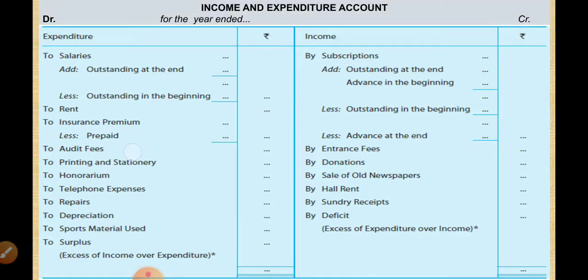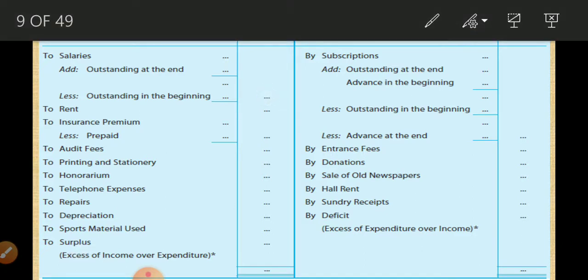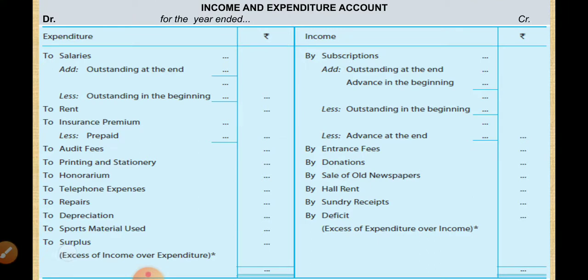Now you have to total. If the income side is more, write the income side's total on both the sides, and you have surplus. That is the balancing figure. Total of the income minus total of the expenditure will give you surplus, excess of income over expenditure.